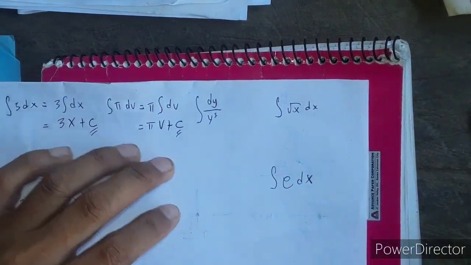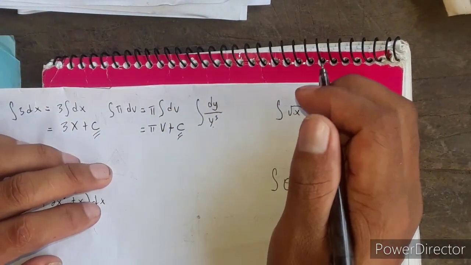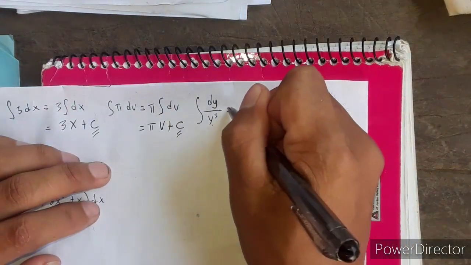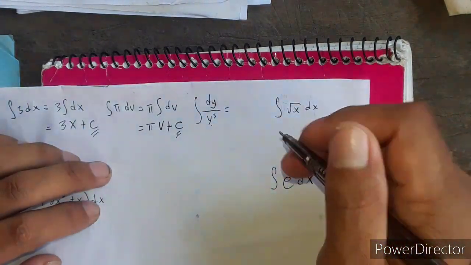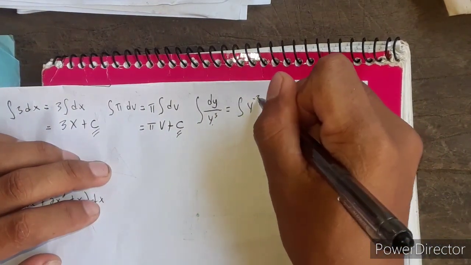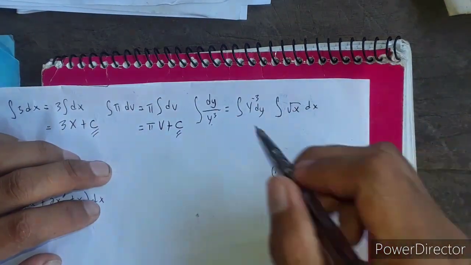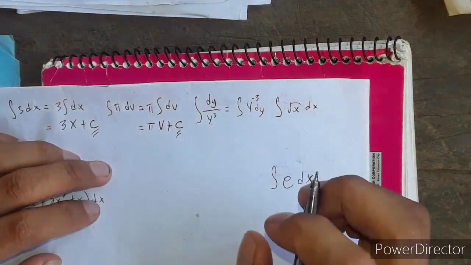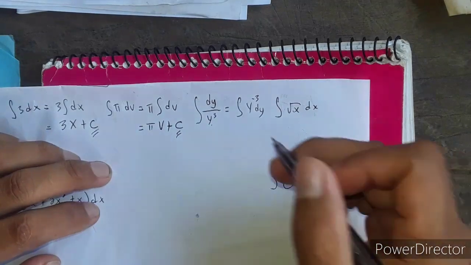How about if we are asked to integrate dy over y raised to 3? What we're going to do here is simplify the expression and bring the denominator to the numerator. It is simply equal to y raised to negative 3 dy, which becomes negative because we moved it from the denominator to the numerator.